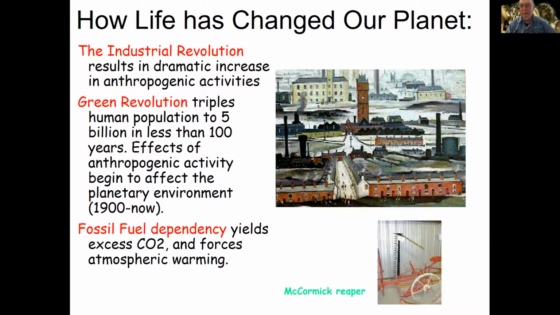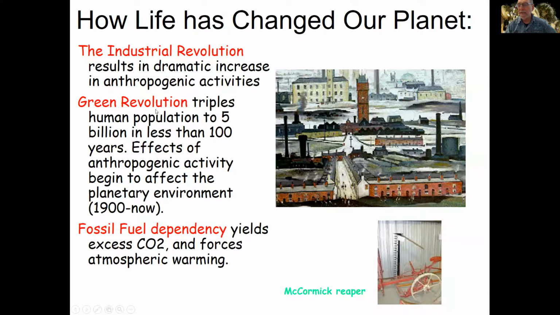They could produce surpluses, and also they began to alter the quality of the water and the air, so there were problems with pollution, problems with water supply, and so forth. And then most recently, we're seeing the effects of the way in which our use of fossil fuels has increased the load of carbon dioxide in the atmosphere and begun to alter the planet.